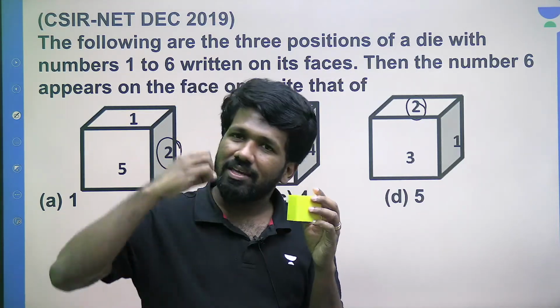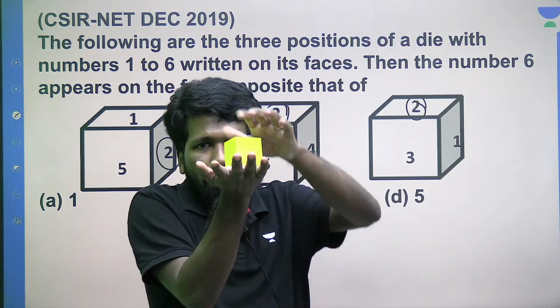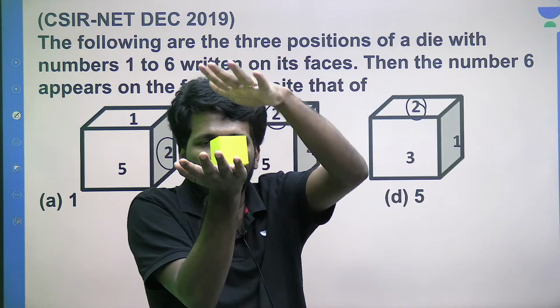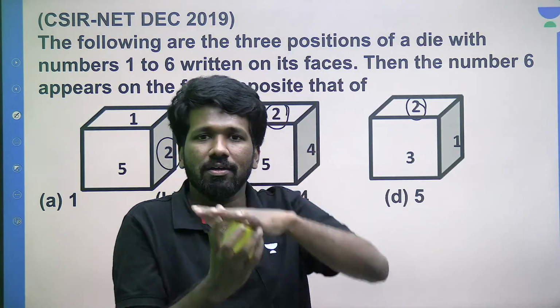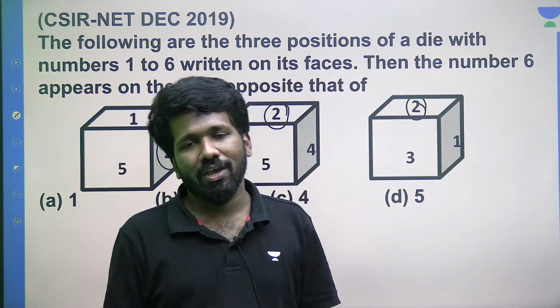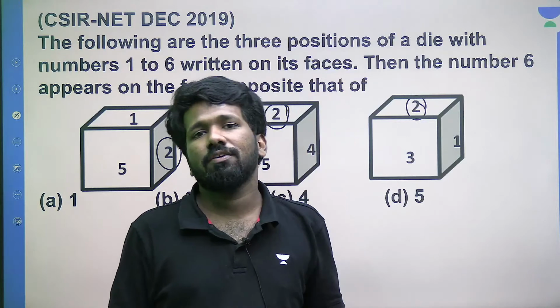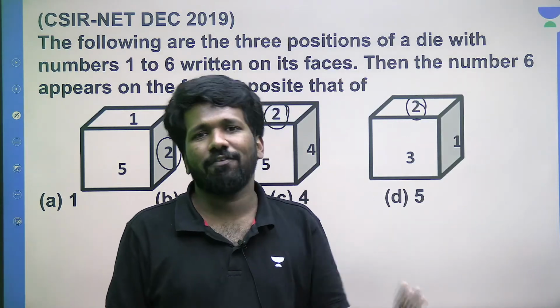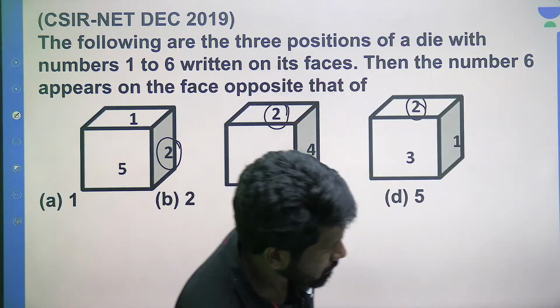So any face will have 4 adjacent faces and one opposite face. The opposite of the top face is the bottom, na. Because there are only 6 faces for a cube, 1 opposite and 4 adjacent faces will be there for each face. Face means side, each of the sides.